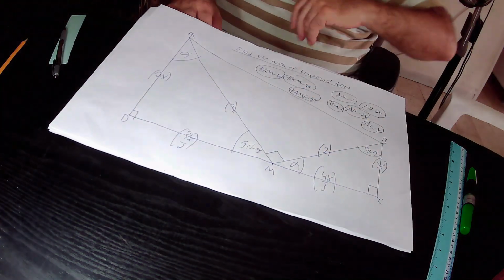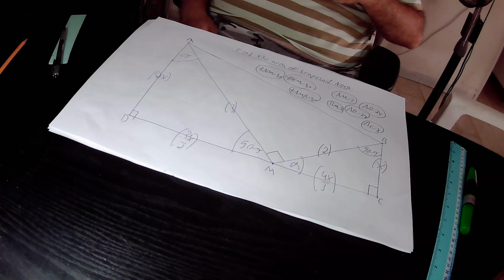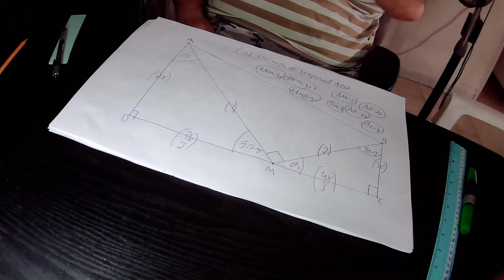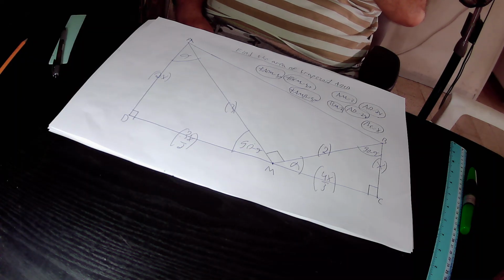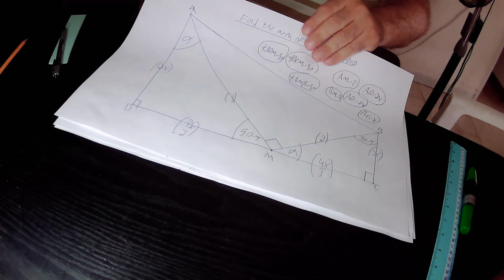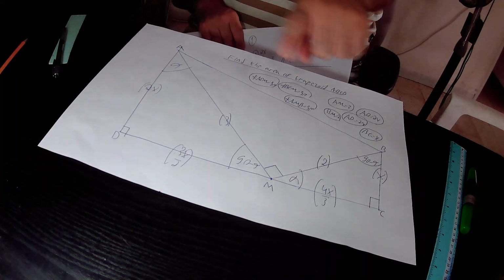In the second question, we have to find the area of another trapezoid with the same name. It's also trapezoid ABCD, but it is a different trapezoid. So, in the drawing, we have trapezoid ABCD.